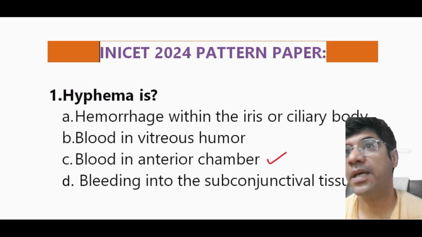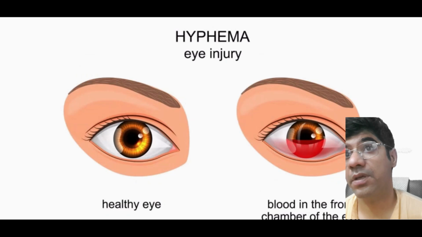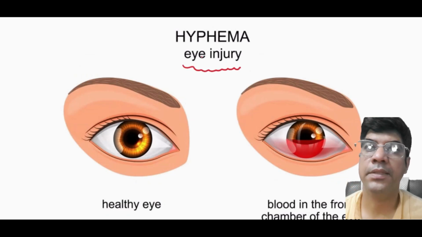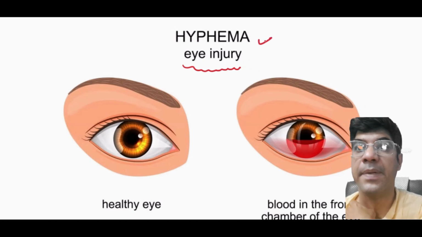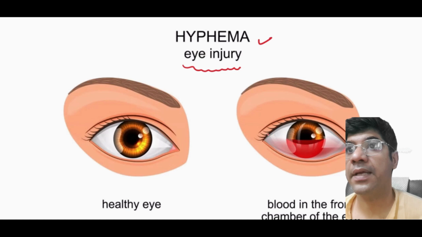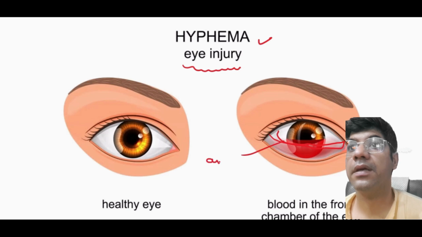So here is a diagram. Suppose a patient having an eye injury suffers from hyphema, that is, the presence of blood you can clearly see in this anterior chamber of the eye.